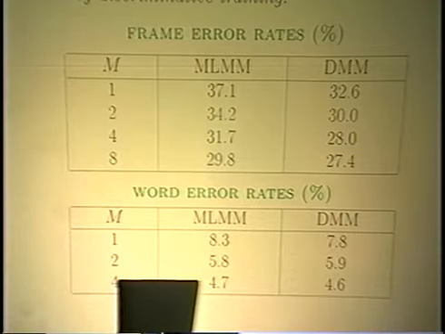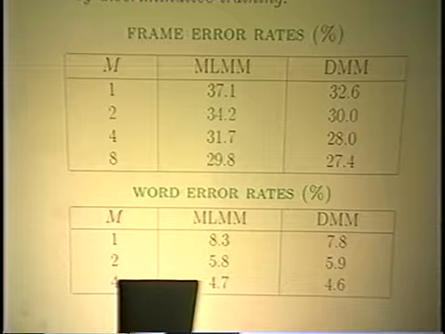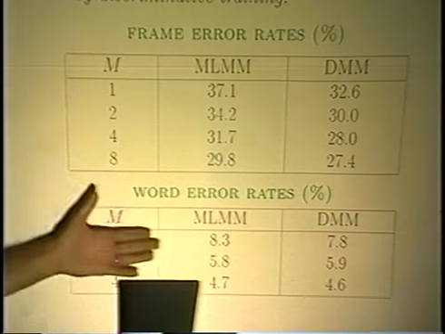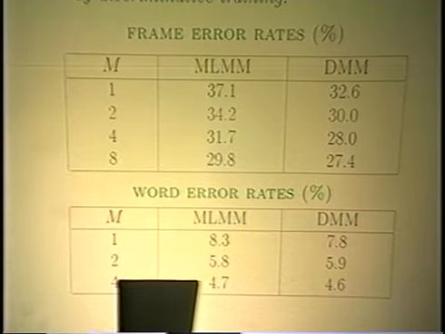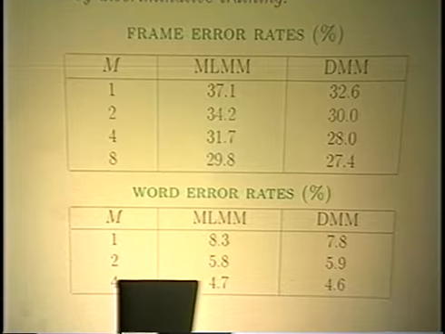And what we found when we did this is, again, the frame error rates go down consistently, but now the discriminative training didn't seem to help much. We attribute this essentially to the fact that we're not optimizing the right thing. There's really no reason why this should follow this trend.